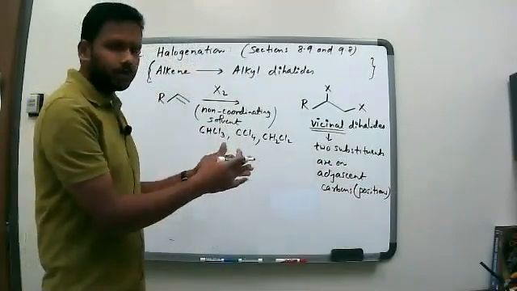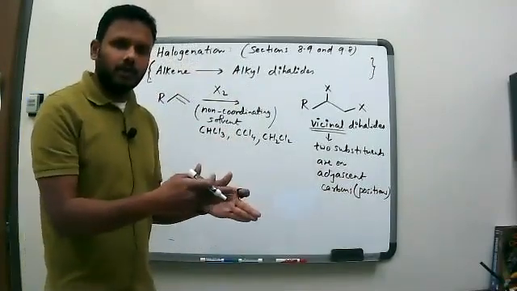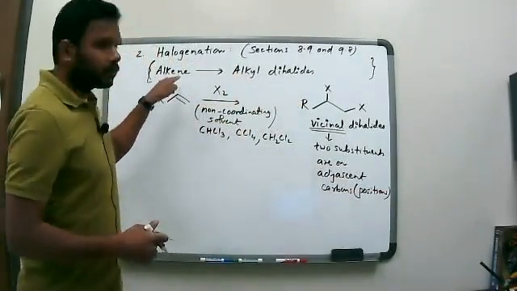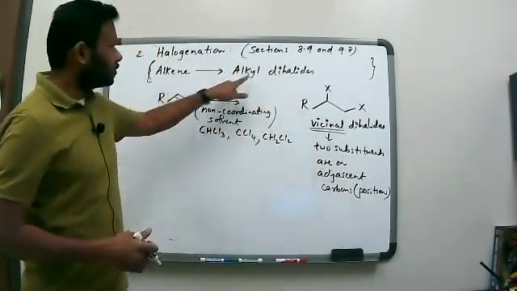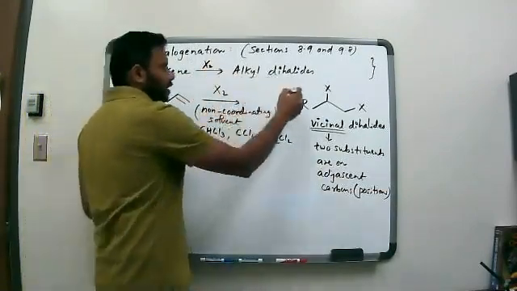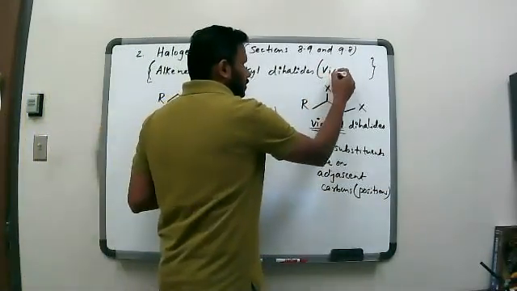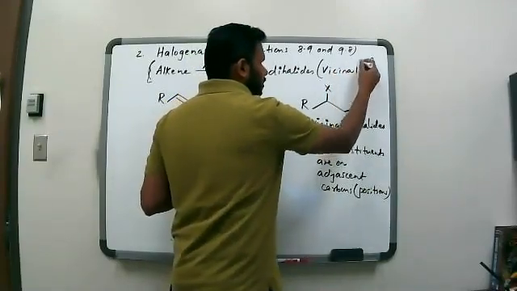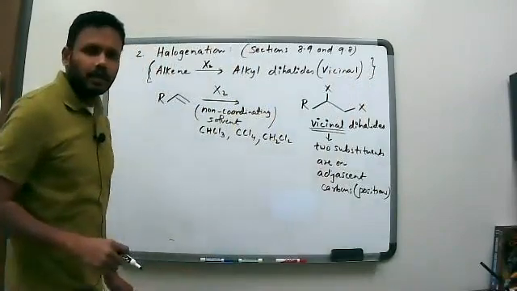So if two groups are basically adjacent to each other, then we call it a vicinal substitution. So what we make in this particular case, when an alkene reacts with a halogen, okay, is alkyl dihalides, and the specific nature of this alkyl dihalide is that it is a vicinal dihalide.